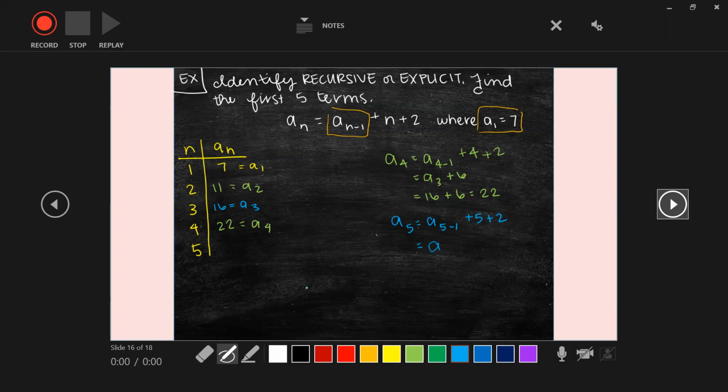Yeah. You got to say a sub 4, so we know what we're talking about. A sub 4 plus what? 5 plus 2. 7. What did we find our a sub 4 to be? Kaden? 22. So we have 22 plus 7, which makes our a sub 5 equal to what? 29. Ta-da.